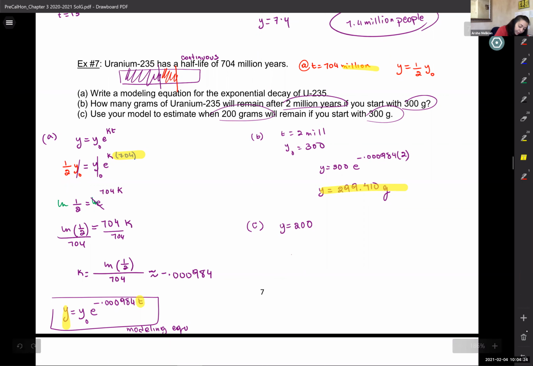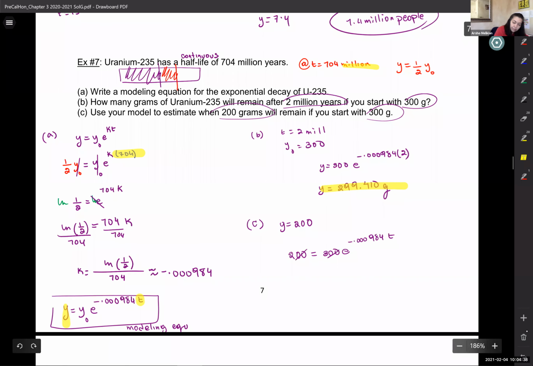So our equation is going to be 200 equal to 300 e to the negative 0.000984 t. These go away. Divide by 3. So I get 2/3 equals e to the t, that fabulous number. Let's take ln of both sides.